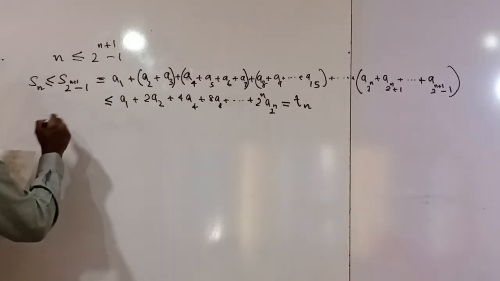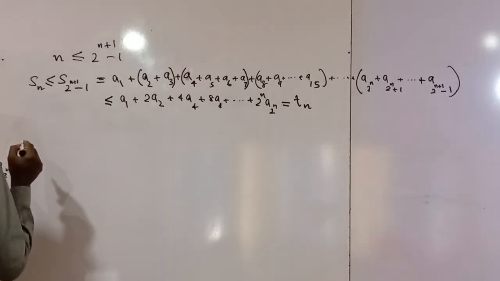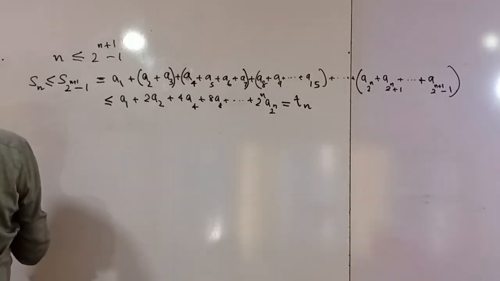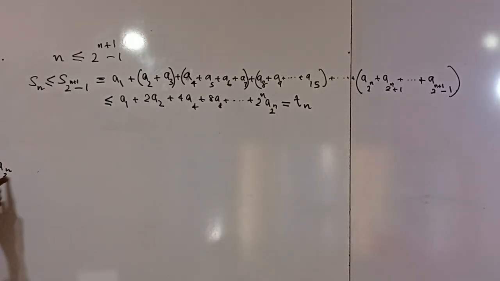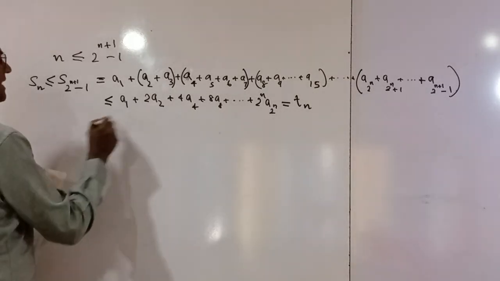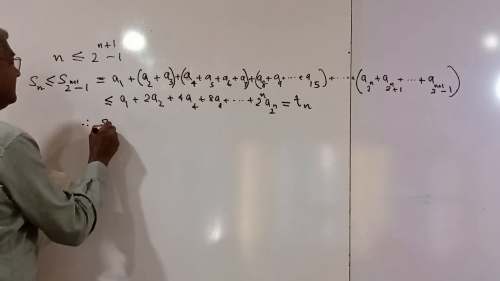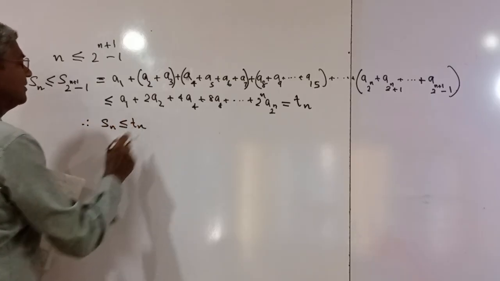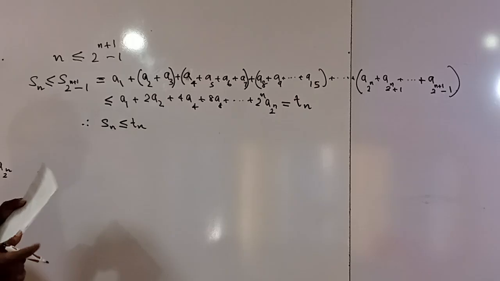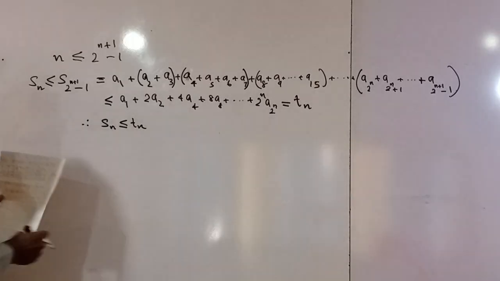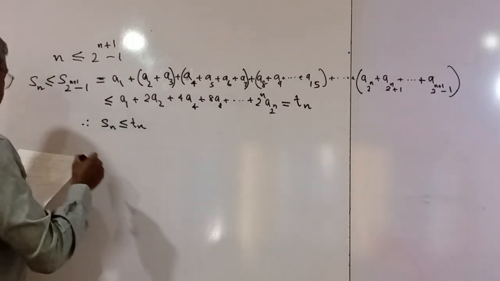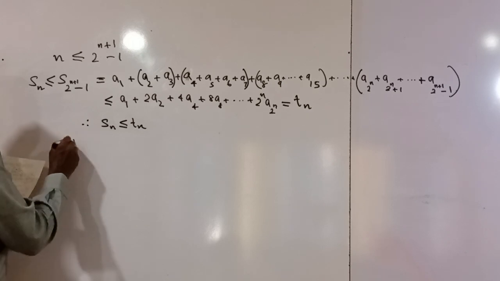Similarly, then 1/2 Tn, therefore, we have shown already less than or equal to Tn. You can use induction to write it better, but this is the idea.